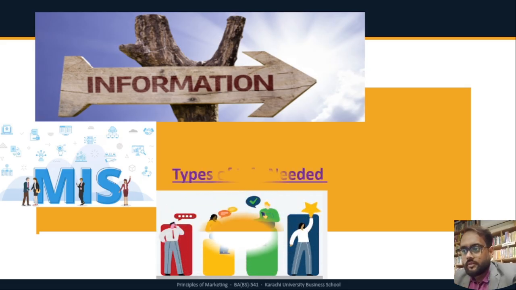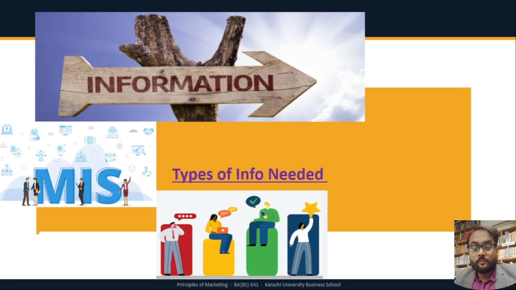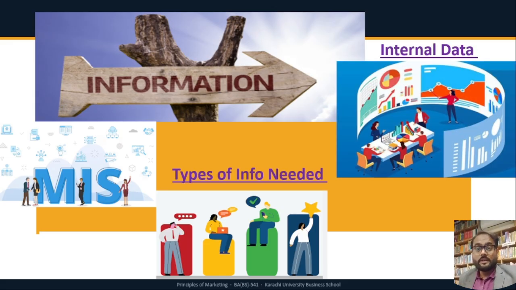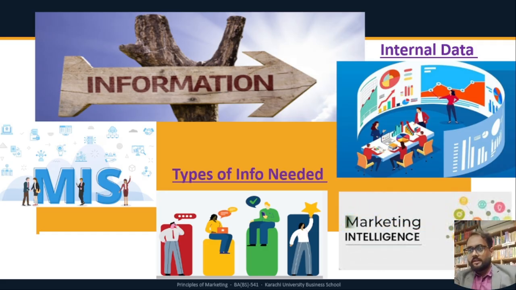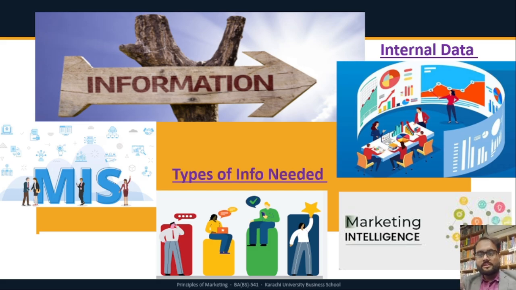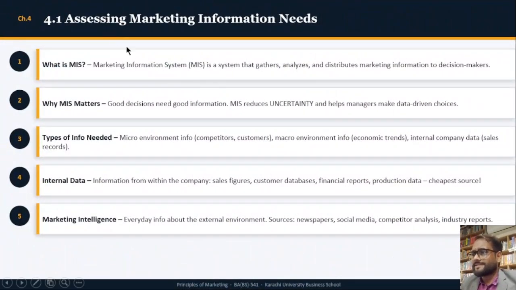Over here you're going to learn the types of information needed, and internal data, what the internal data is and what its importance is. And last, marketing intelligence. Let's move to the topic of assessing marketing information needs, that is, from where we can get our marketing information. First of all, let's learn what MIS is.